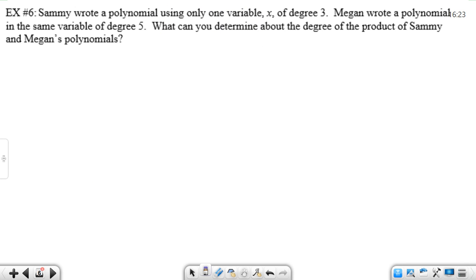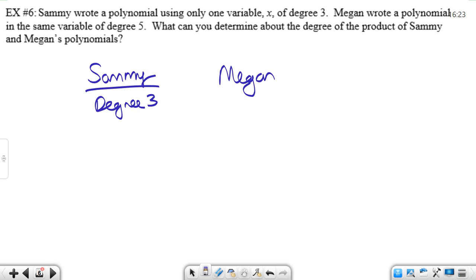So finishing up here with example number 6, Sammy wrote a polynomial using only variable x of degree 3. Megan wrote a polynomial in the same variable of degree 5.